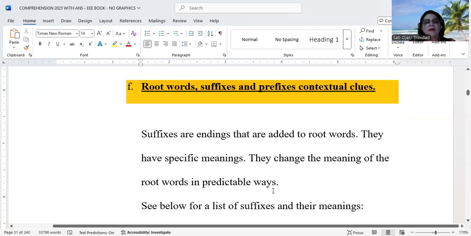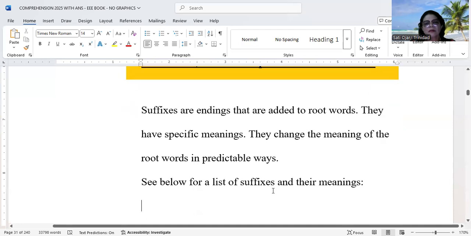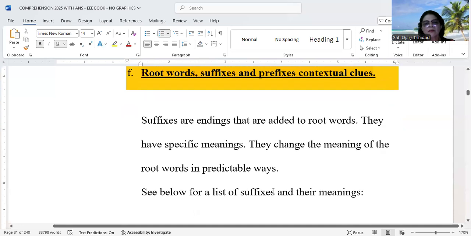Lauriston, can you read this one, please? Suffixes are endings that are added to root words. They have specific meanings.